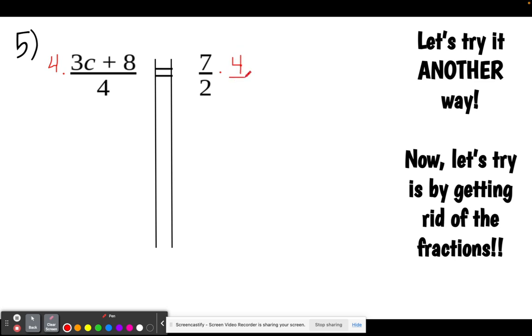I put this one over 1. And I end up with 3c plus 8. And over here, my 2 and my 4 will simplify. This will become a 1, and this will become a 2. So my denominator will be 1. 7 times 2 is 14.